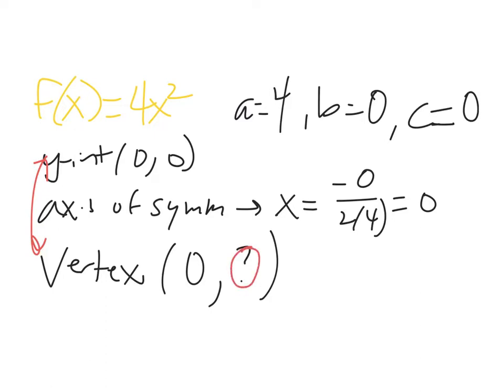So here's what happens with this problem when there is no b. The y-intercept and the vertex are the same point. So unlike the problem that we just did, where we came up with 2 points, this one we only came up with 1. The vertex, the axis of symmetry, and the y-intercept are all the same point.